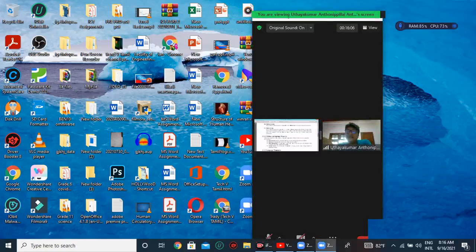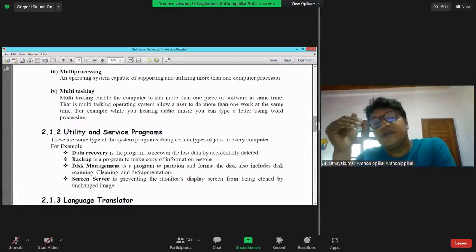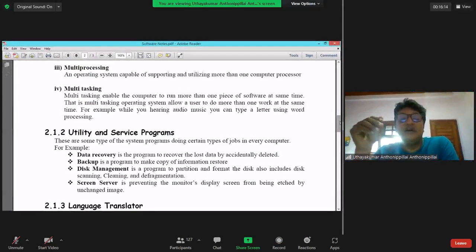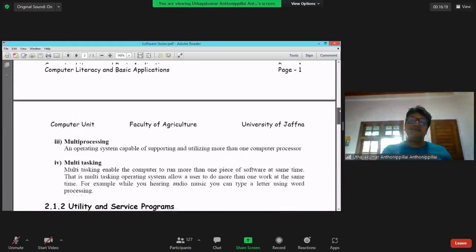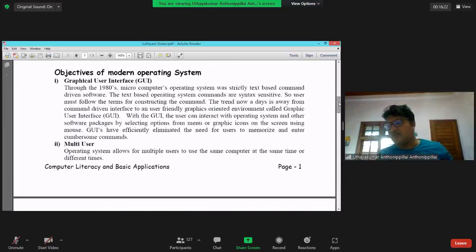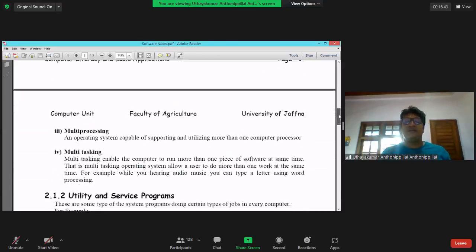That is multitasking. Not only 3, 4, 5, whatever is possible within your computer system's capacity, you can work with multitasking, right? So the modern operating system's main objective is the graphical user interface, GUI. No more command-driven interface. That is the first thing. Second one, multi-users can access one system or the same computer at the same time or at different times.